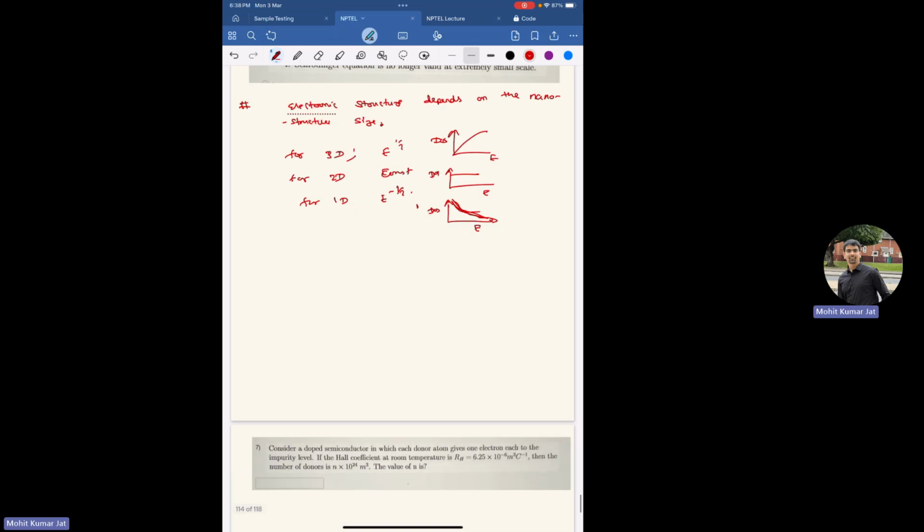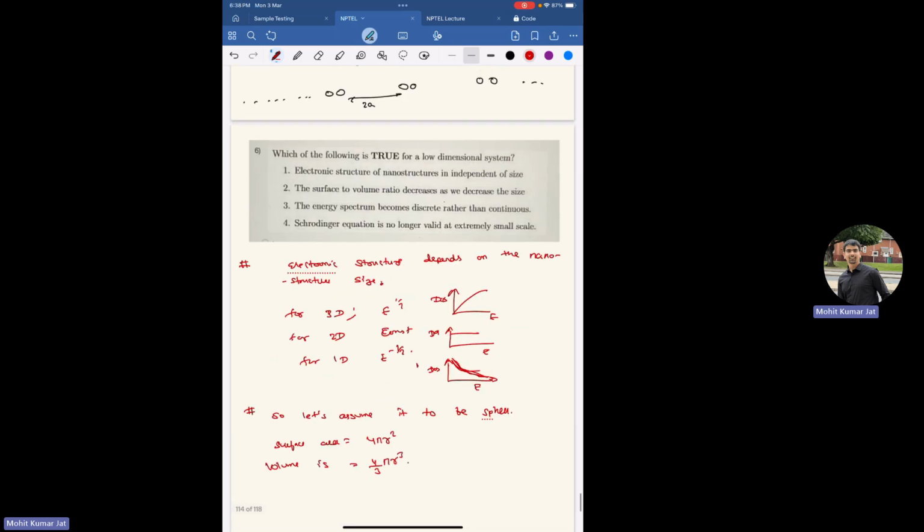So let's assume it to be a sphere. Surface area is 4 pi r square. Volume is 4 by 3 pi r cube.